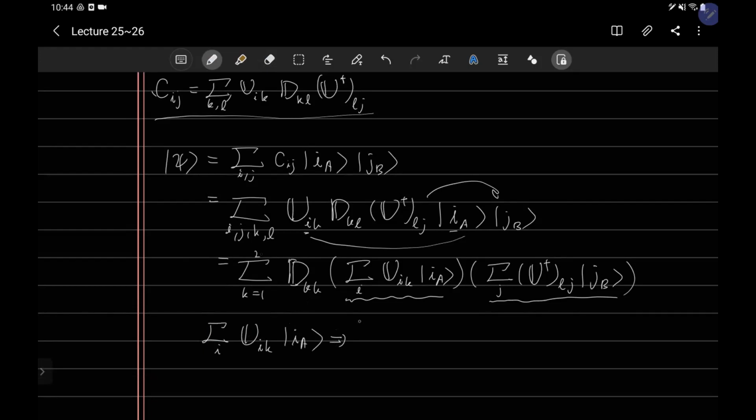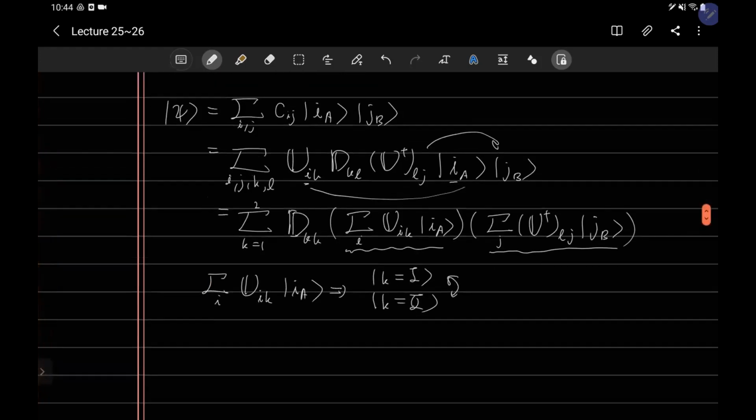When K equals 1, we will have some kind of vector, and when K equals 2, we will have a different vector, and I will show that these two vectors are also normal to each other.